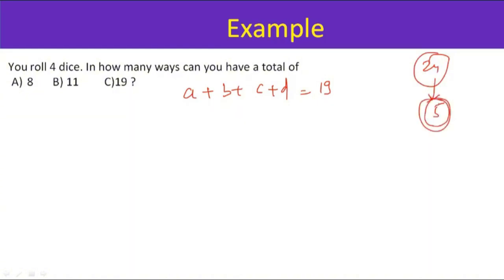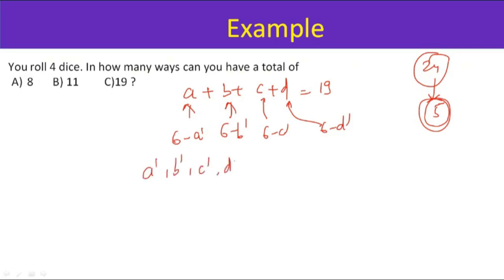So essentially can I write A as 6 minus A prime, B as 6 minus B prime, C as 6 minus C prime, and D as 6 minus D prime, where A prime, B prime, C prime, and D prime are my new variables. These can be greater than equals to 0. Why greater than equals to 0? Because when this is 0, A is 6, which is possible. And what could be the maximum value of A prime, B prime, C prime, D prime?